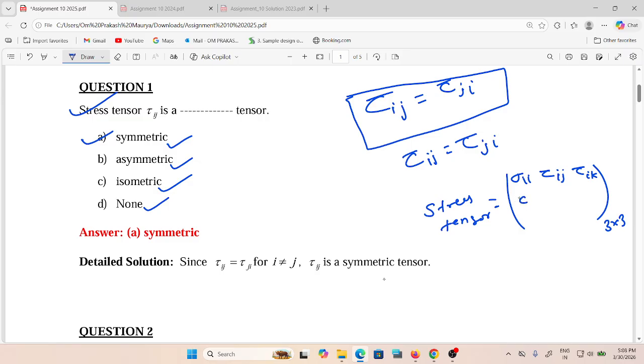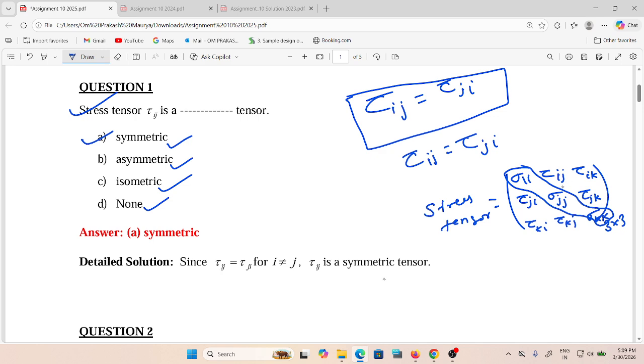Similarly, tau ji, sigma jj, and tau jk. Now again your tau ki, tau kj, and here sigma kk. So these three are known as your principal stress and the rest are your shear stress.